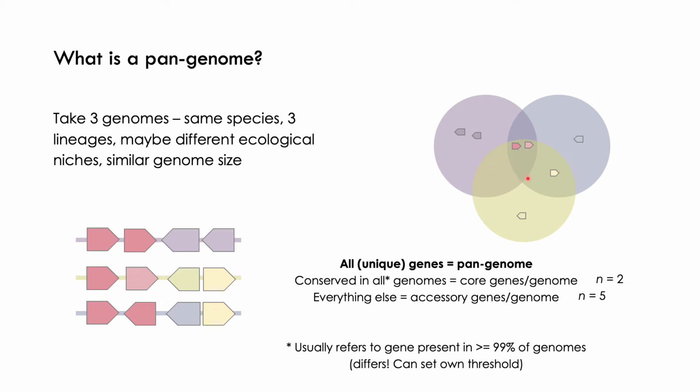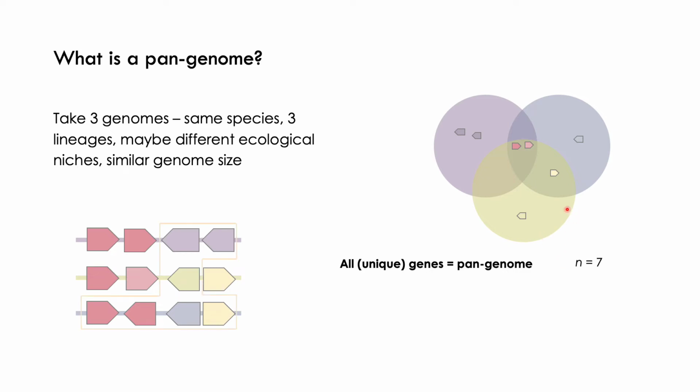Again, coming back to the idea that sometimes it makes sense to have subdivisions in your accessory gene sets. We can hopefully see that with the addition of these 4 strain-specific genes, we have 7 total unique genes, i.e. the size of our pan genome from these 3 small genomes is 7 genes.